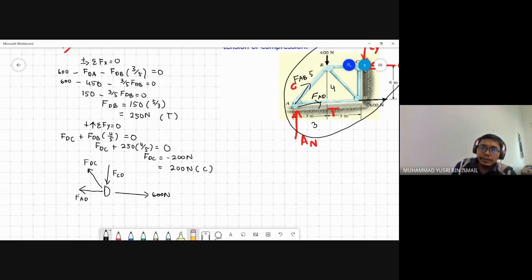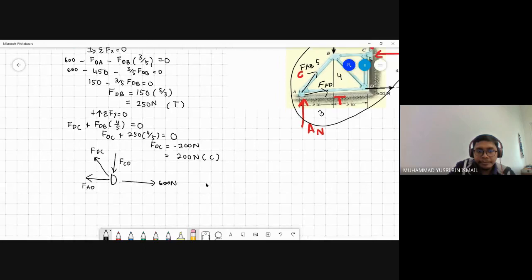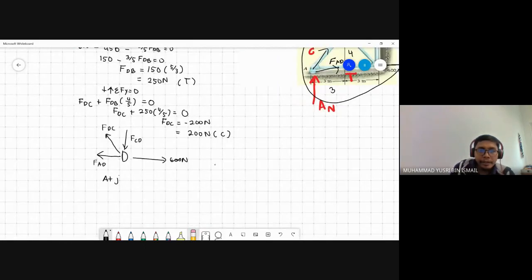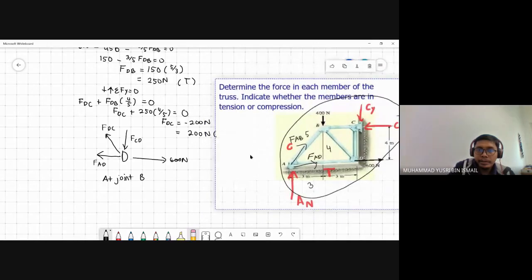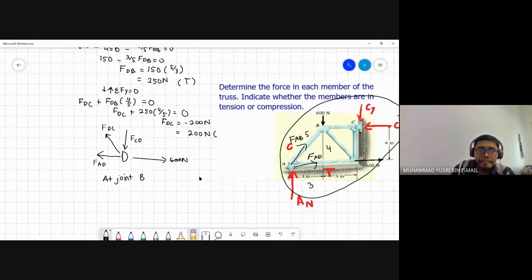Now we have FCD, and we need FBC. Don't forget to write that FDC is the compression, because it will be very helpful for you to imagine the forces, whether they are going towards tension or towards compression.